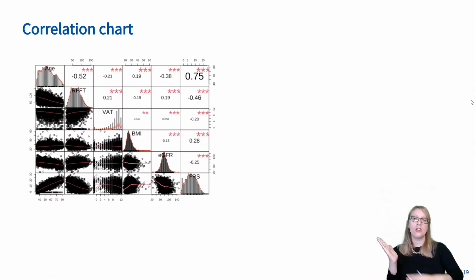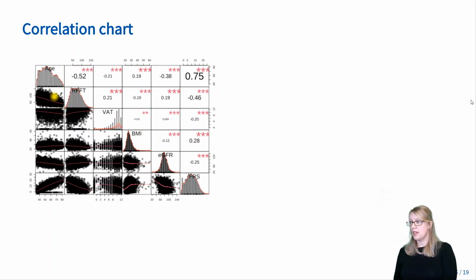On the diagonal elements, what you're seeing are histograms of each individual variable. So this is the distribution of age in our data set. This is the distribution of our FFT, so visual test score, BMI, kidney function, and risk of a heart attack. On the lower diagonal elements, you're seeing scatter plots of each variable against the others.